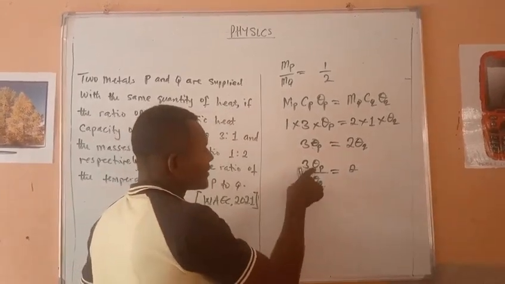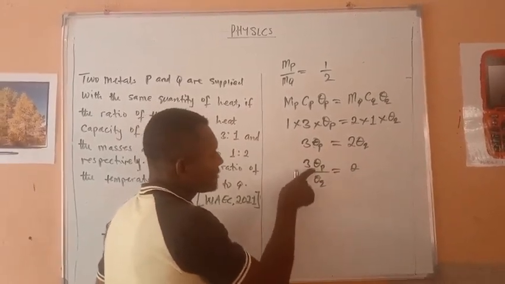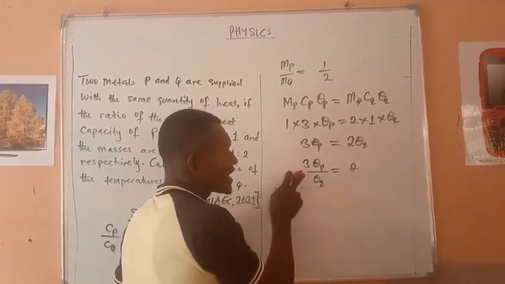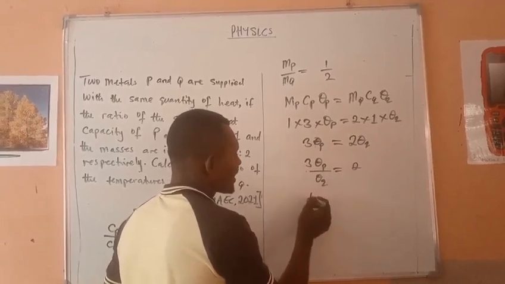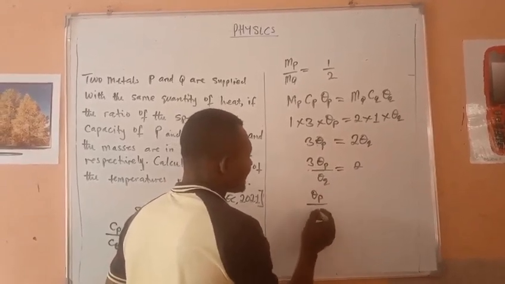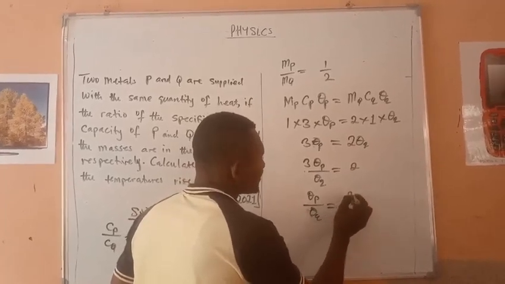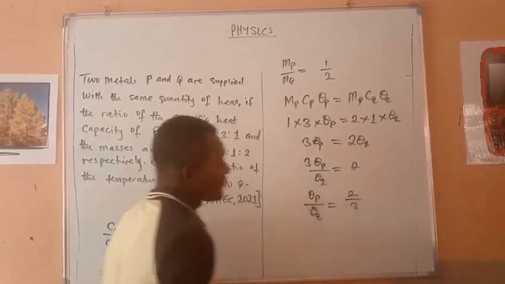To make theta P over theta Q the subject of the formula, you divide both sides by 3. By doing so, I have theta P over theta Q is equal to 2 divided by 3.